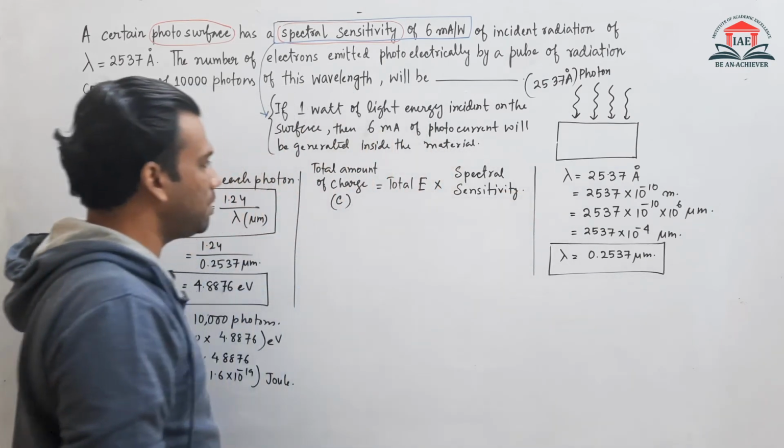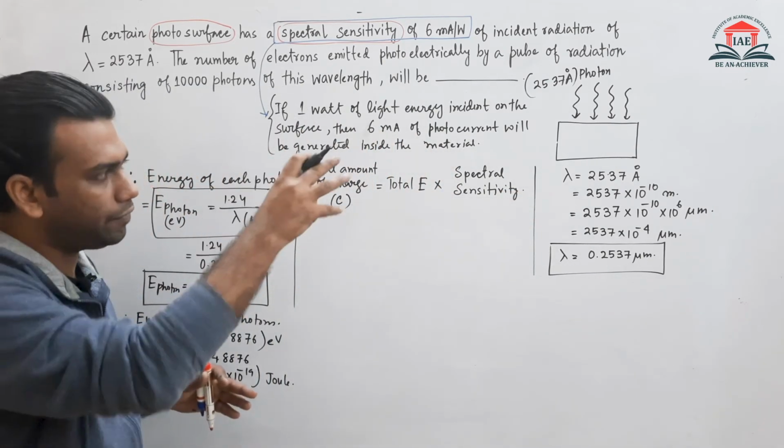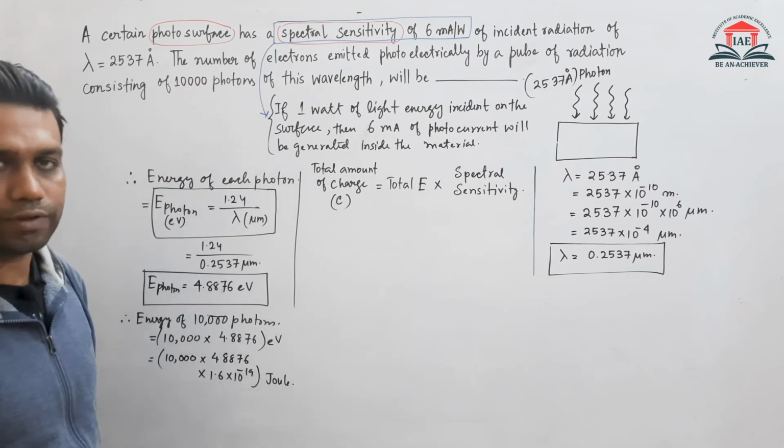So this is the total amount of charge that will be developed inside the photosurface due to these 10,000 photons.